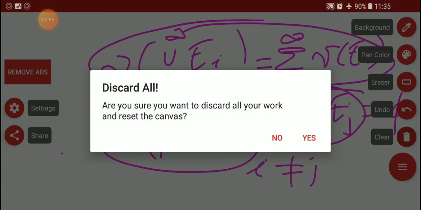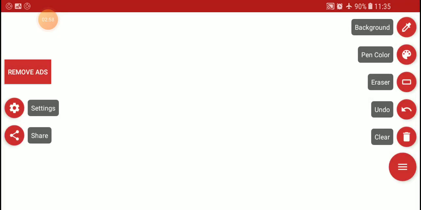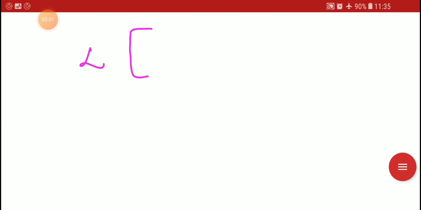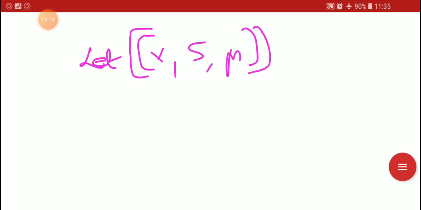And the example: every measure is a signed measure. The first example: let (X, S, mu) be a measure space and f a measurable function.